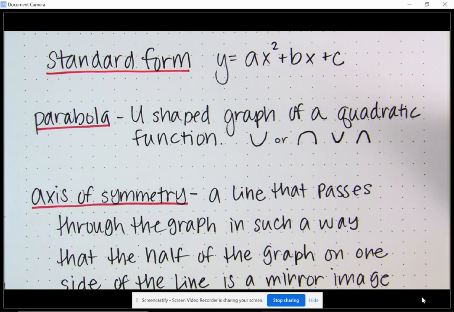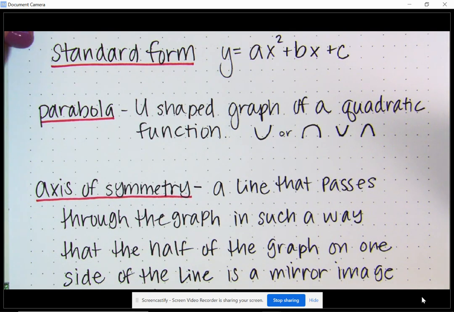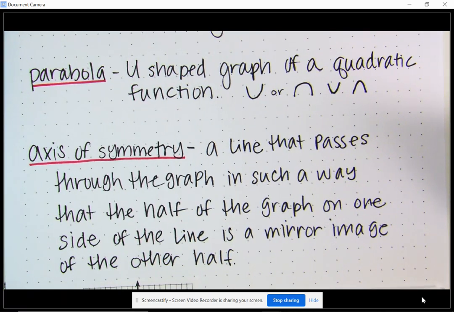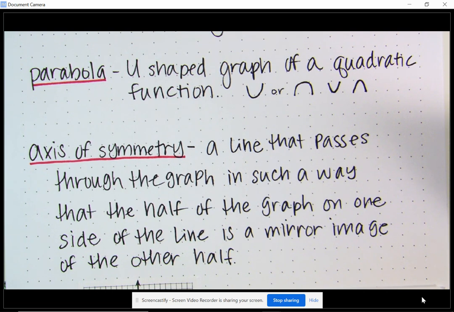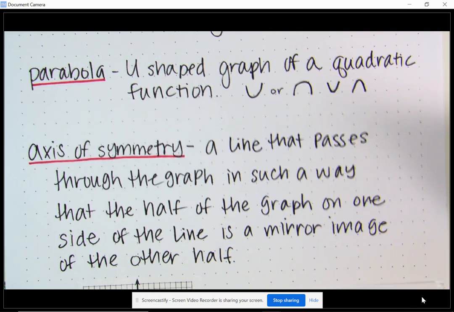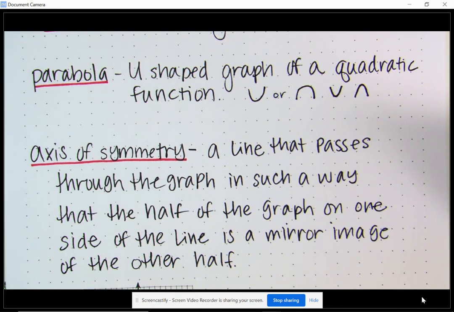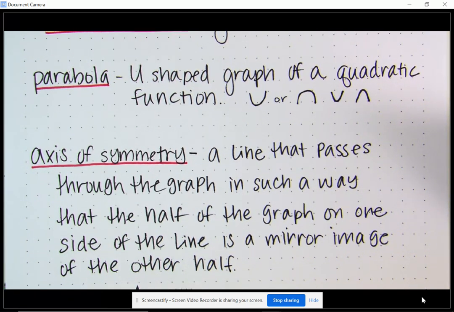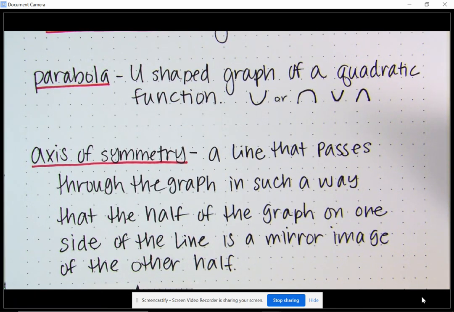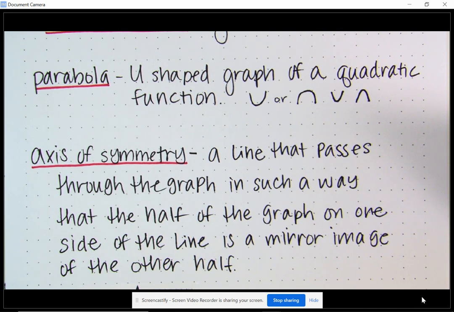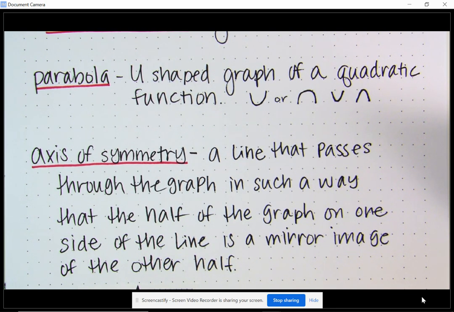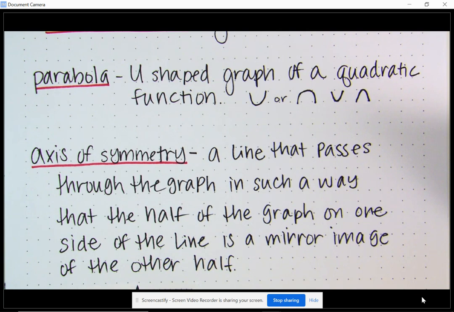The axis of symmetry is a line that passes through the graph in such a way that the half of the graph on one side of the line is a mirror image of the other half. So we're creating a symmetrical shape. The axis of symmetry is kind of like that mirror, or the line that creates the left side and the right side.